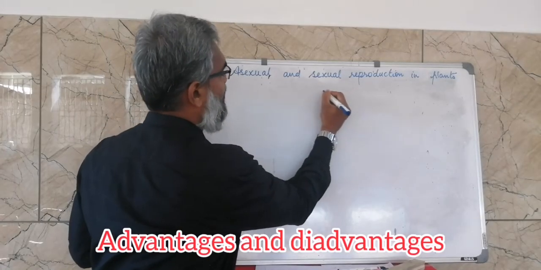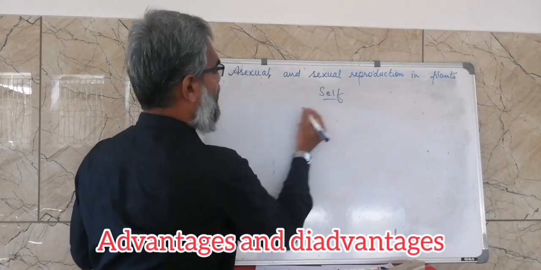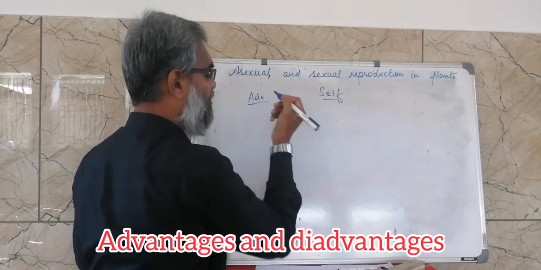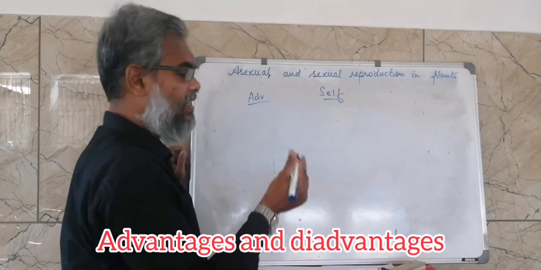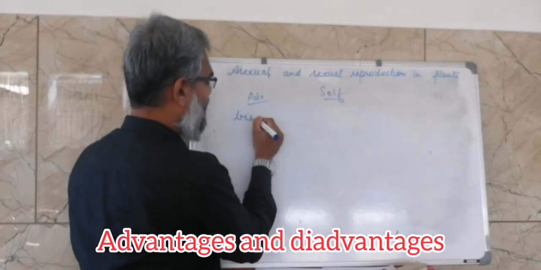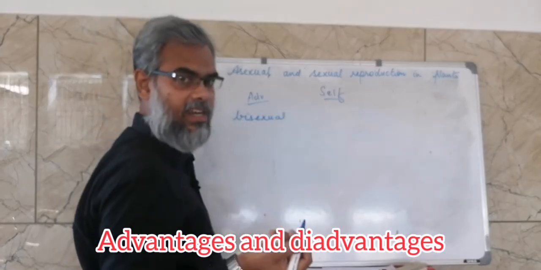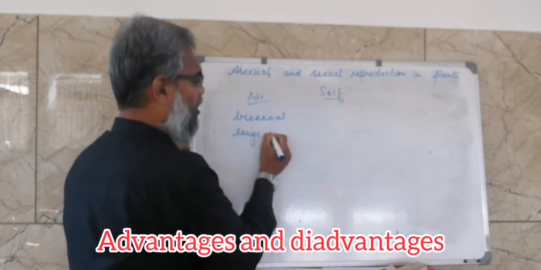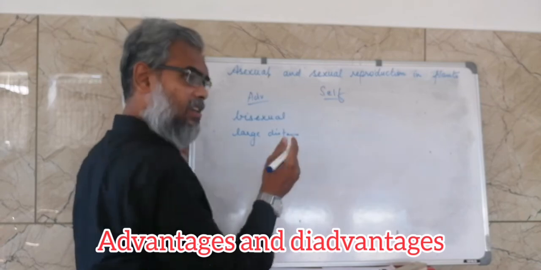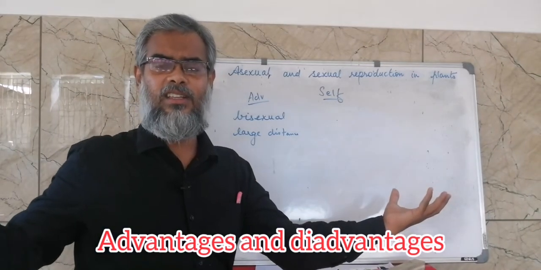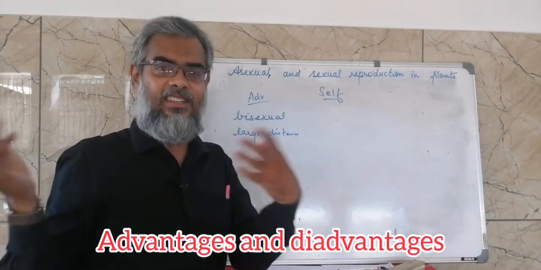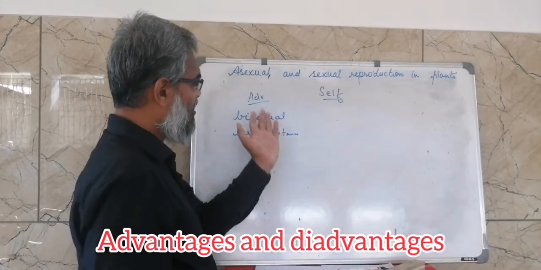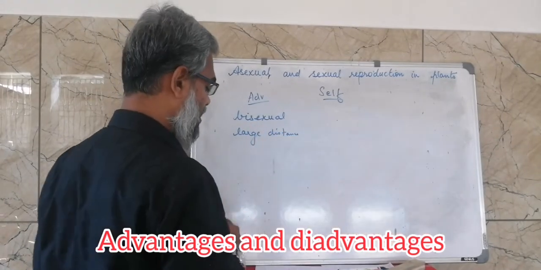Self-pollination. When we speak about self-pollination, the advantages: if it is a bisexual flower, only self-pollination can occur. And if the flowers are present at a large distance, then there is no chance of cross pollination, so only self pollination will take place.